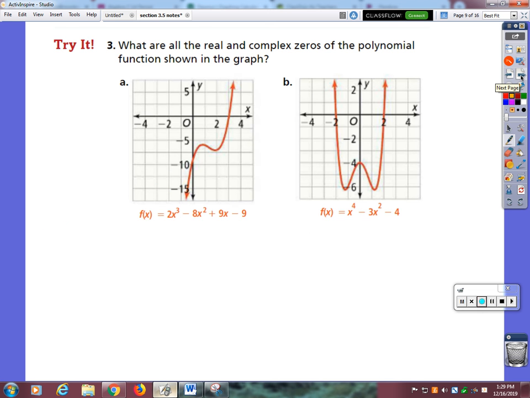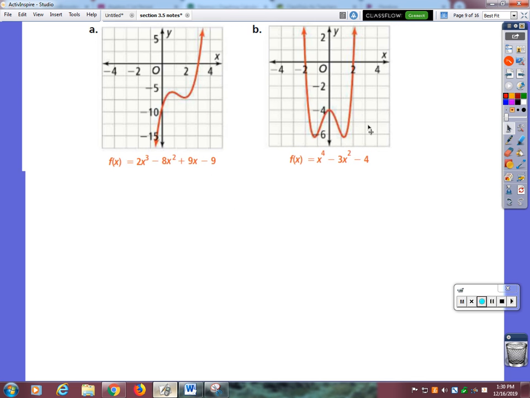All right, let's try, looks like 2 more. 3? Yep, but say it with confidence. 3. There you go. Since this is crossing the x-axis at 3, that 3 is one of our answers.